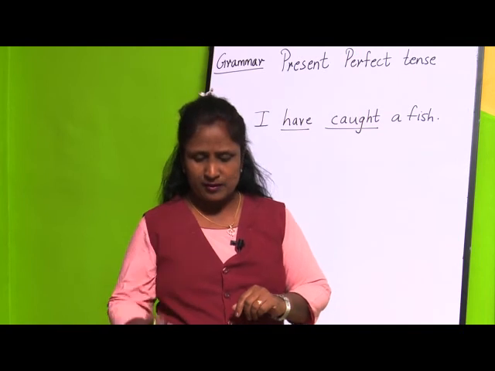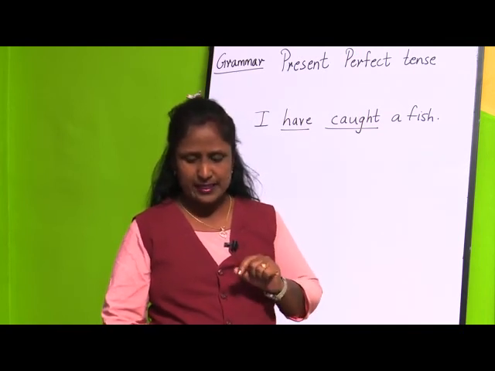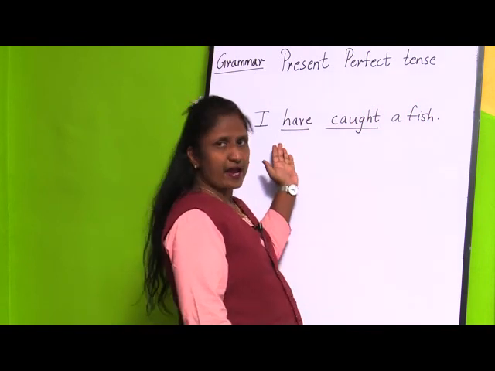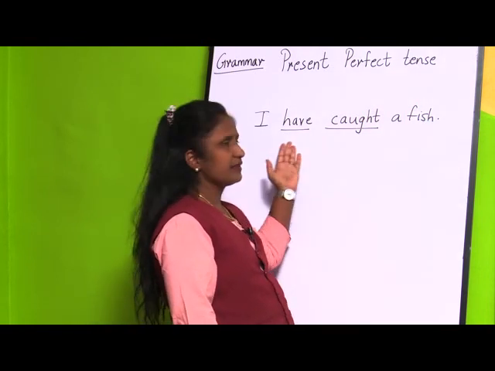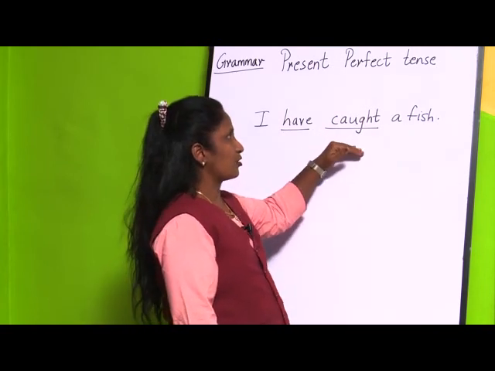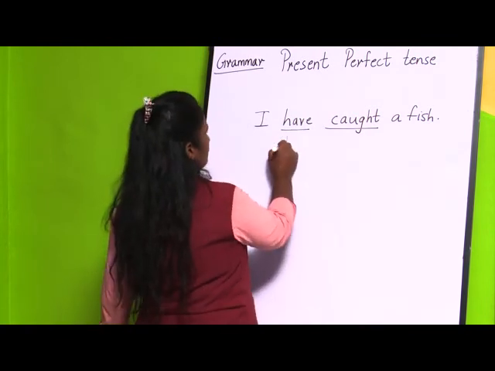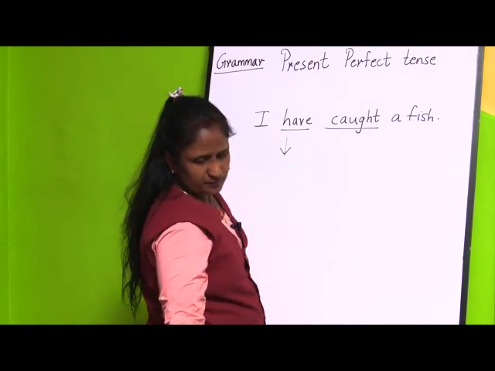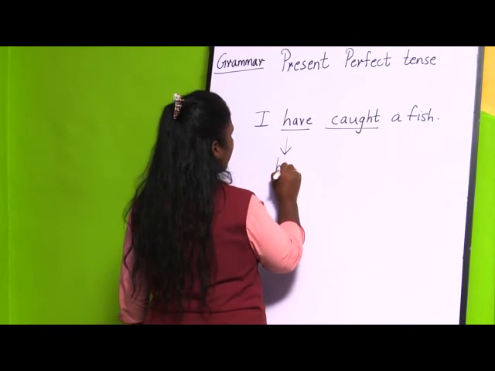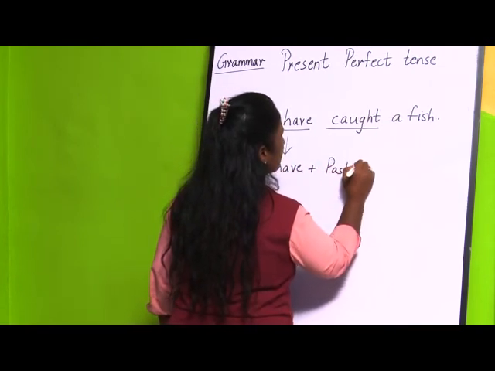In the sentence, I have caught a fish, caught is the past participle, and have is the verb: have plus past participle.